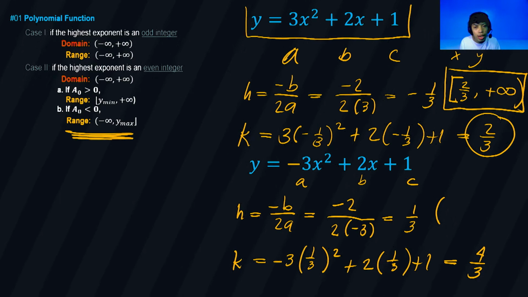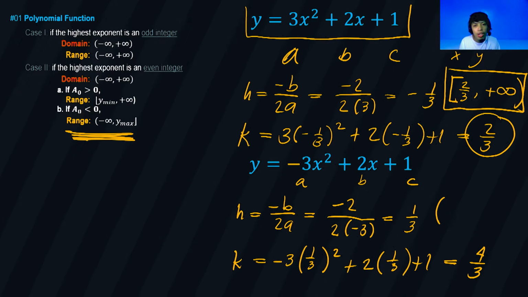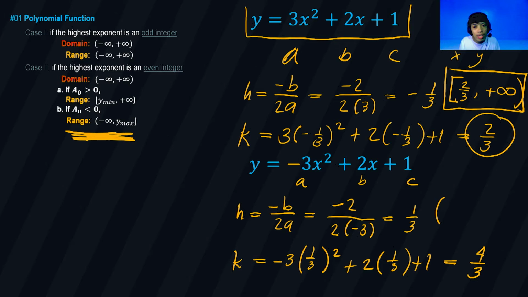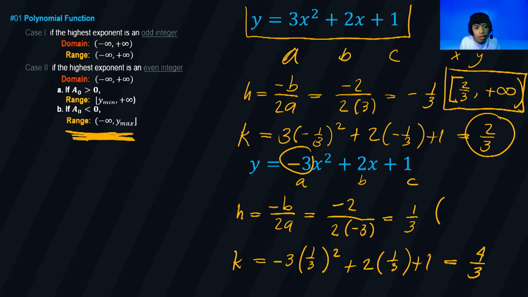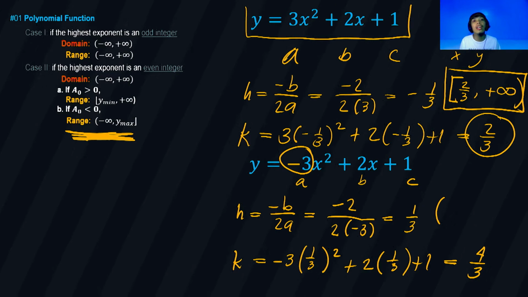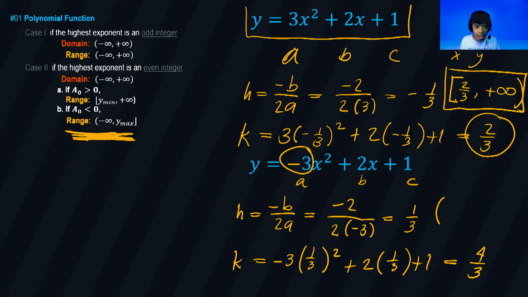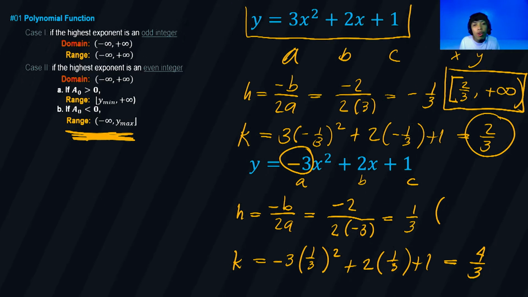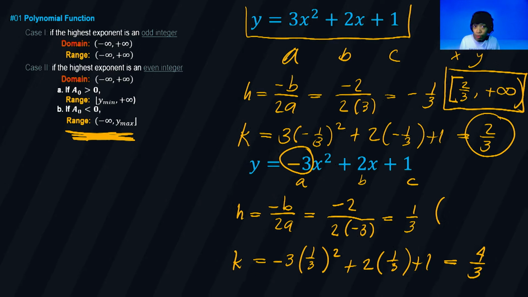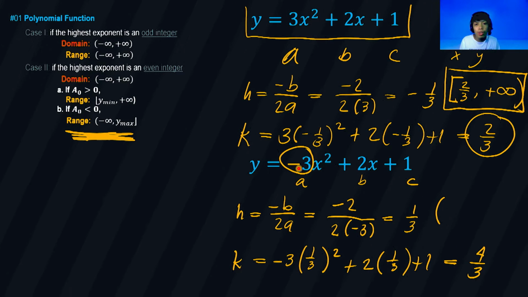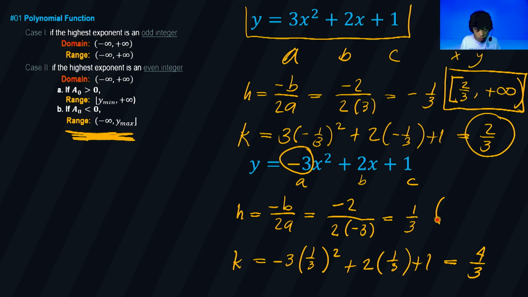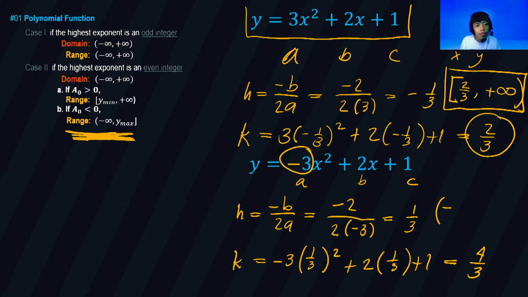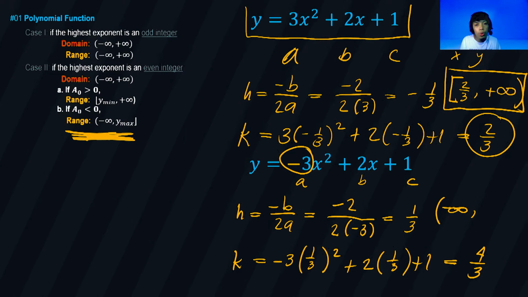Take note, why is this our range? Because your A is less than 0, negative, diba? Your A is negative 3. Take note, A is the numerical coefficient of the highest degree term. Since A is less than 0, negative 3 is less than 0, then your range would look like this: from negative infinity to Y max.